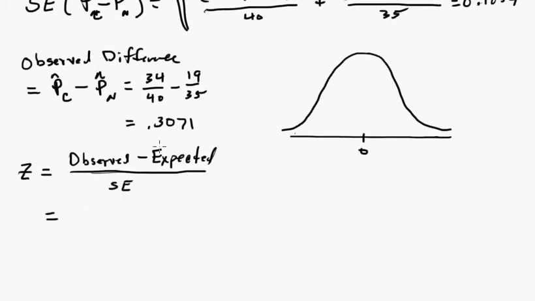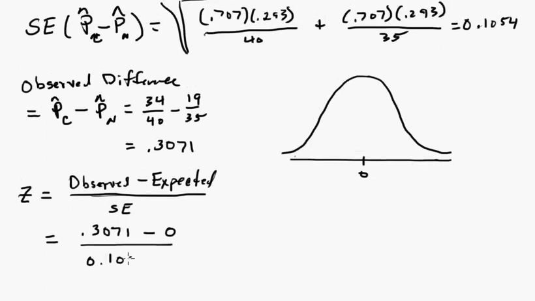So the observed difference is 0.3071 minus the expected value, which was just 0, divided by 0.1054, and that's going to be 2.91. So if I go over here, 1, 2, 3, it's going to be way over here.